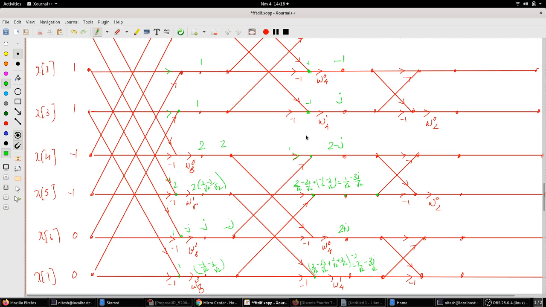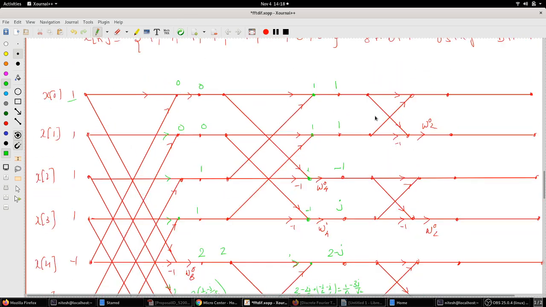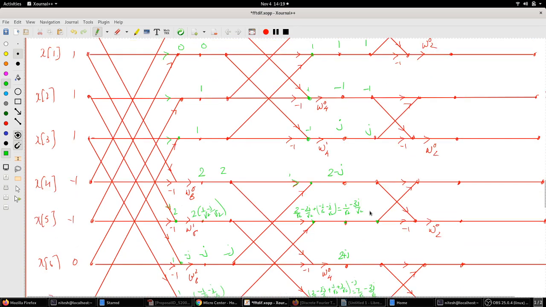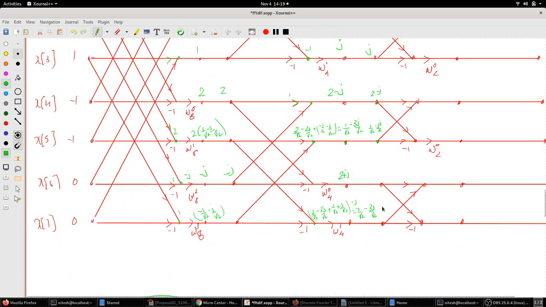Okay, so now all these points are already calculated. Now this is a 1, this is a 1, this is a minus 1, this is a j. Okay, this is a j here. So this guy here will be 2 minus j. Okay, this guy here is 1 by root 2 minus 3j by root 2. Okay, this guy here is 2 plus j, and this guy is minus 1 by root 2 minus 3j by root 2.